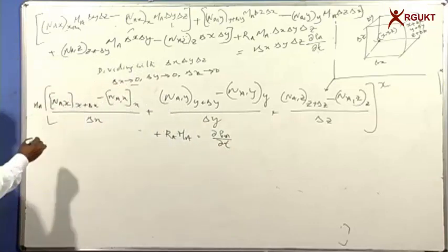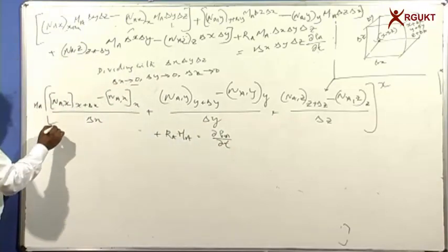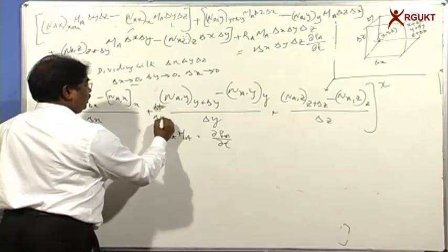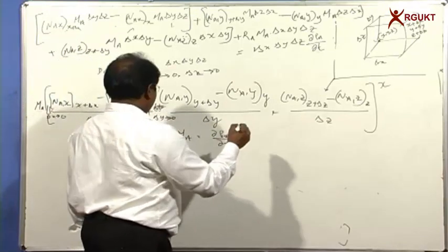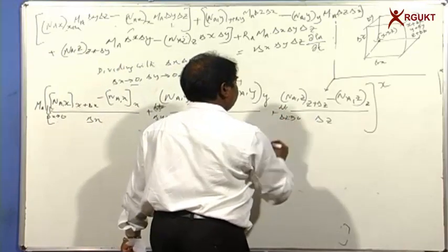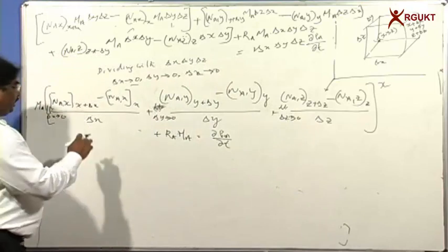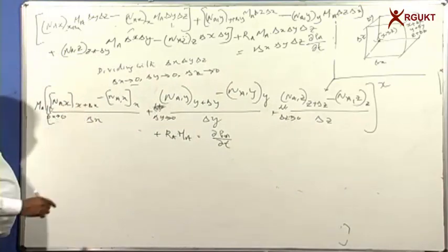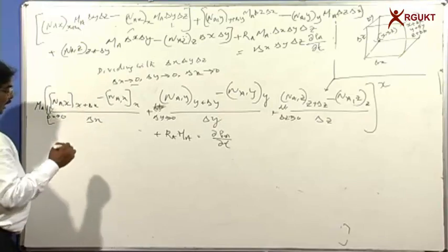And when delta x tends to 0, delta y tends to 0, delta z tends to 0, this is nothing but f of x plus delta x minus f of x divided by delta x.